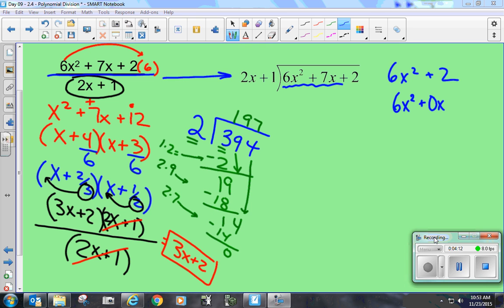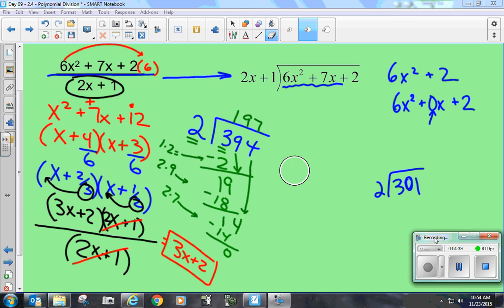I need to represent that with a 0 because I have none. I need a placeholder, okay? In other words, if I want to see if 2 was going into 301, I wouldn't just divide 2 into 31, would I? I need that 0 for the tens place, don't I? Same thing. I need that 0 for the tens place.